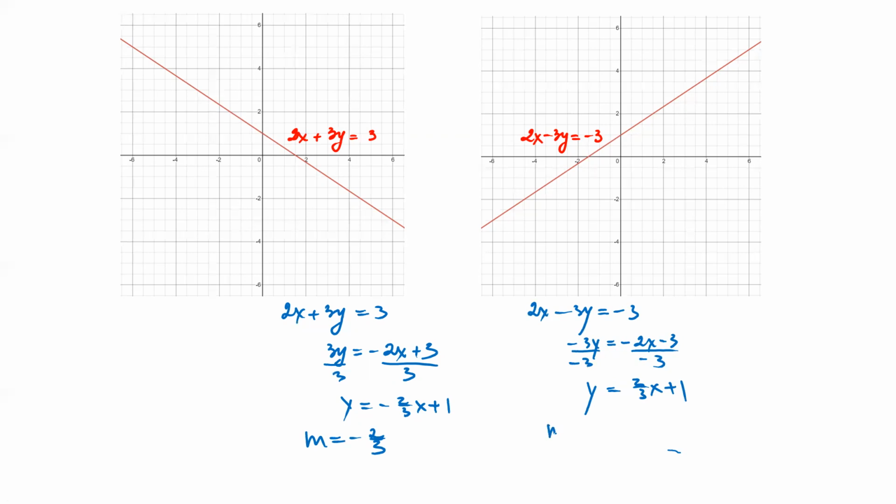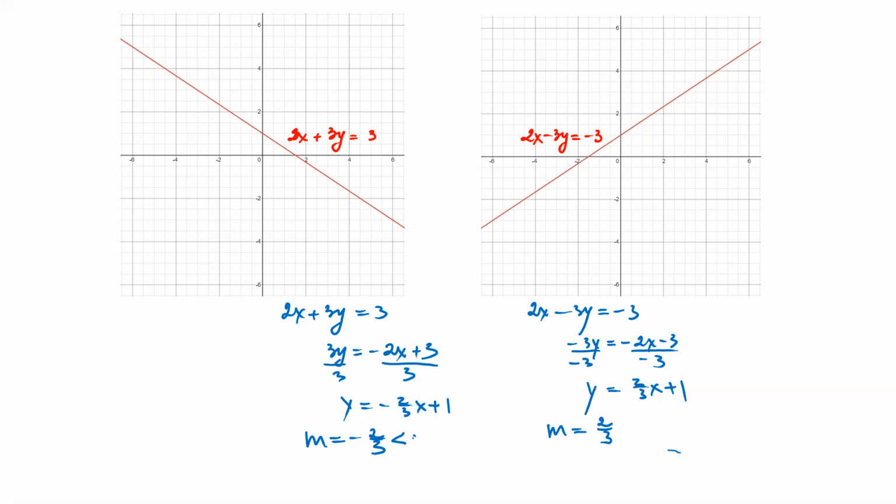So I see the slope of this line is equal to 2/3. Then what do I see? The graph of the line with the negative slope is falling from left to right, and the graph of the line with the positive slope, 2/3, is rising from left to right.